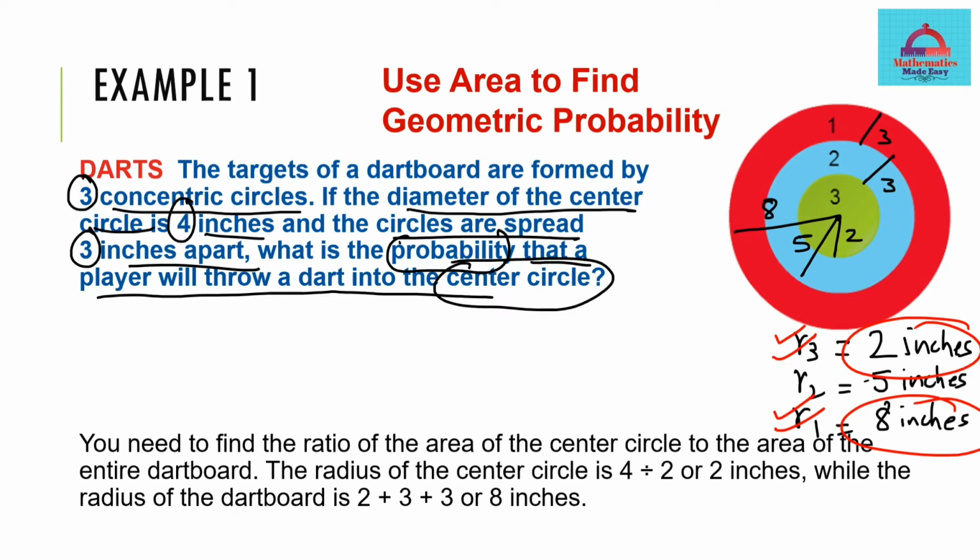I've just put in what I've explained here for you. In order to find the ratio of the area of the center circle to the area of the entire dartboard, we need to use the two radii, which are 2 inches and 8 inches. So I've already explained how we've got these numbers. Let's put them in the formula now.